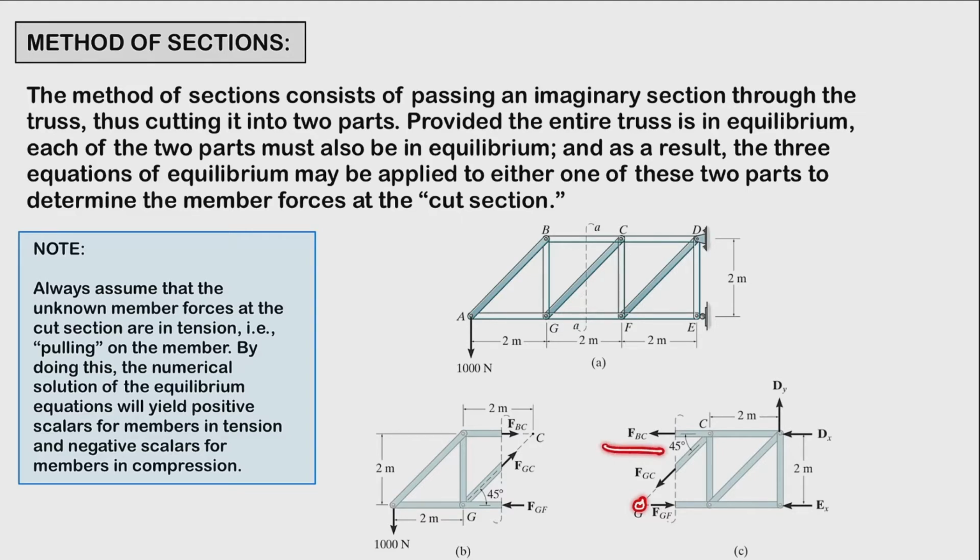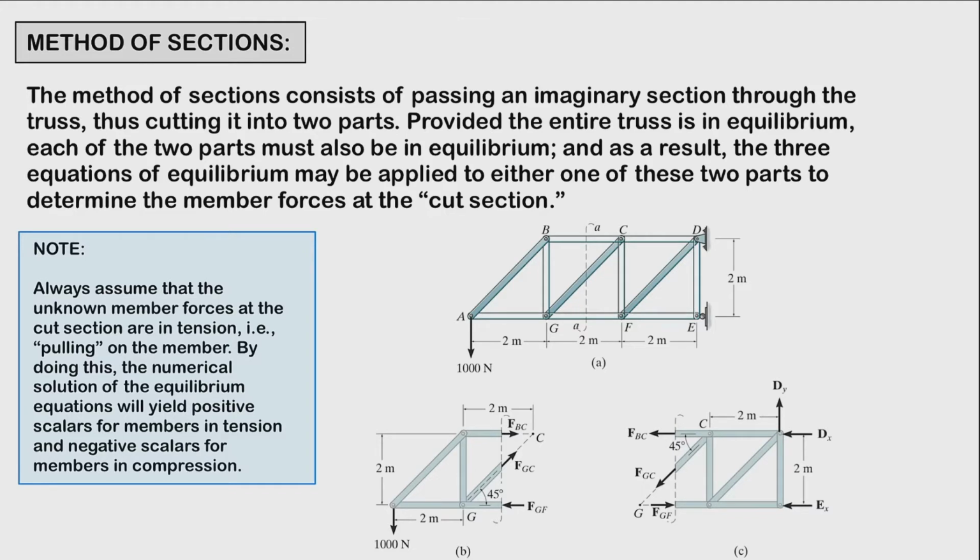Now again, for simplicity's sake and for avoiding mistakes, we're going to assume that the unknown member forces at the cut section are in tension, or all the members are going to be in tension. That is, the forces are pulling on the members.